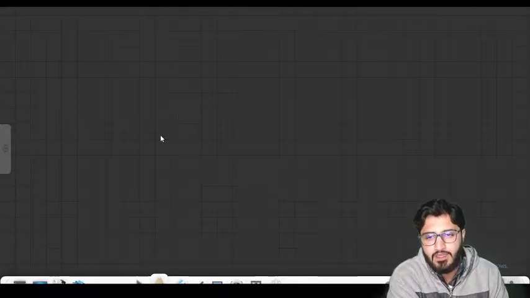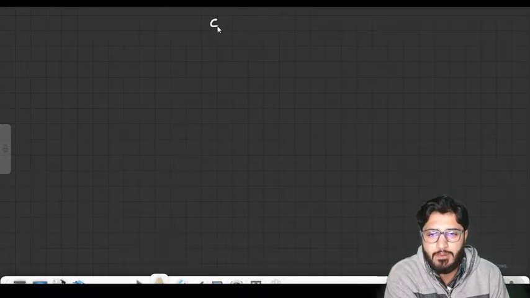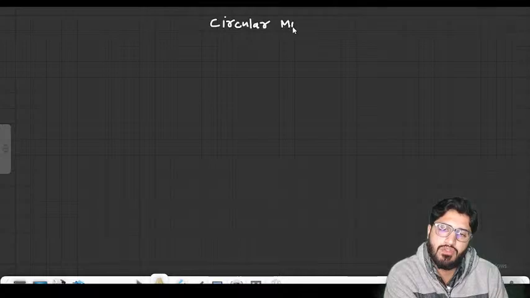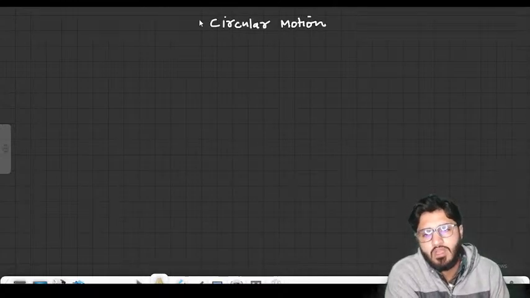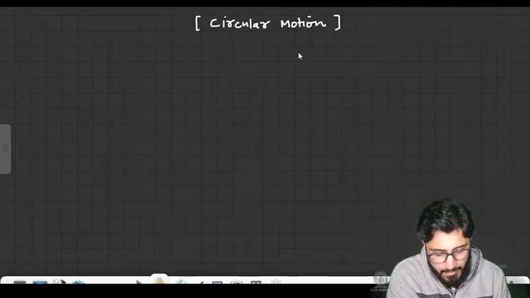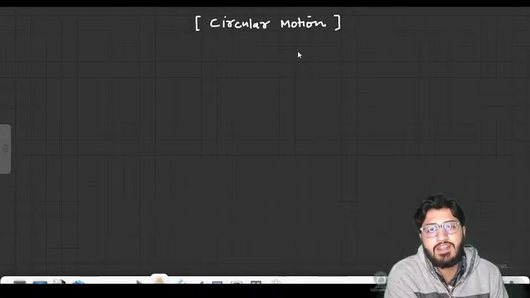So the first thing we will be discussing here is, what is circular motion? To describe circular motion, we need to define a specific point, a reference point.